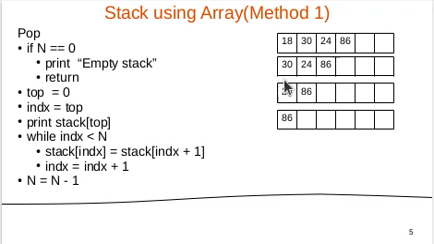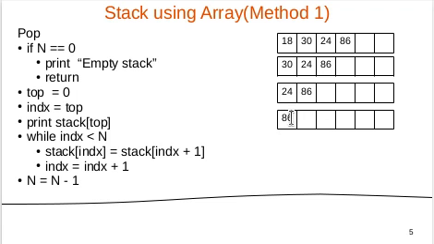In this case, again if we want to delete an item, 30 will be deleted, then 24 will be here, 86 will be here, blank will be here, then the loop ends and the number of elements will be 2. Then 24 will be deleted, 86 will be here, blank will be here, end of the loop.